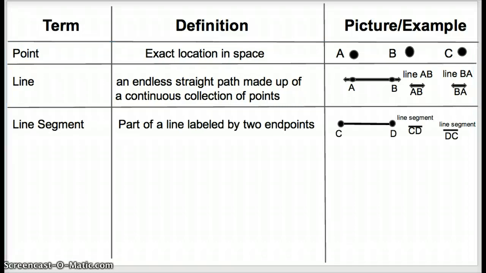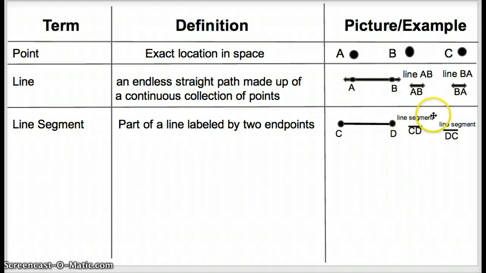Next one is a line segment, which is a part of a line labeled by 2 endpoints. Right here we have a line segment because it does not have arrows at the end of it, does not continue on forever. It ends at these points, C and D. This is line segment CD.